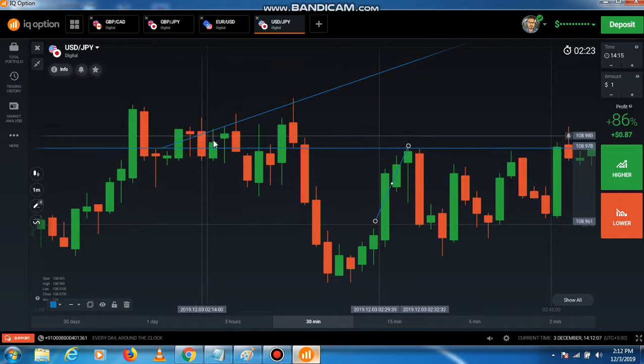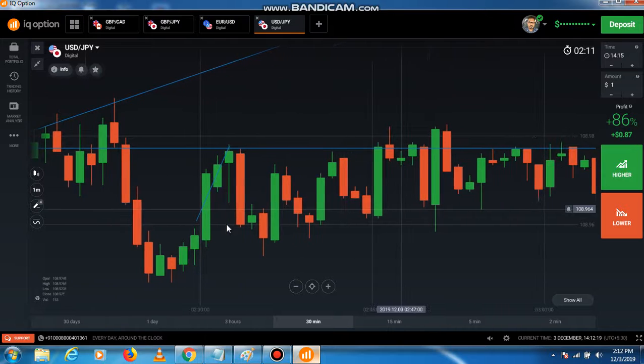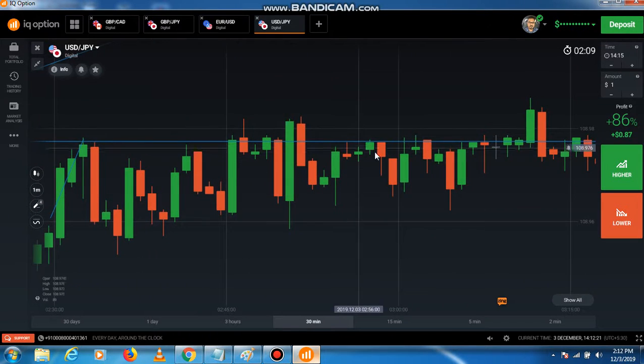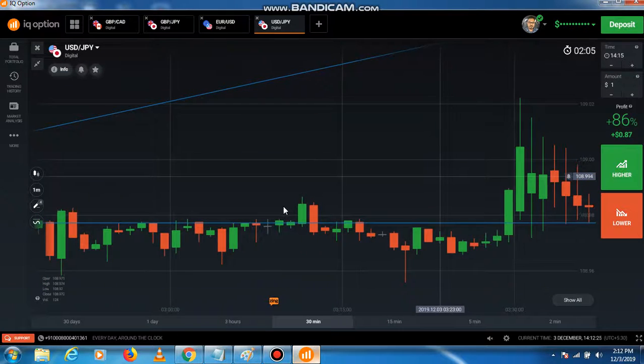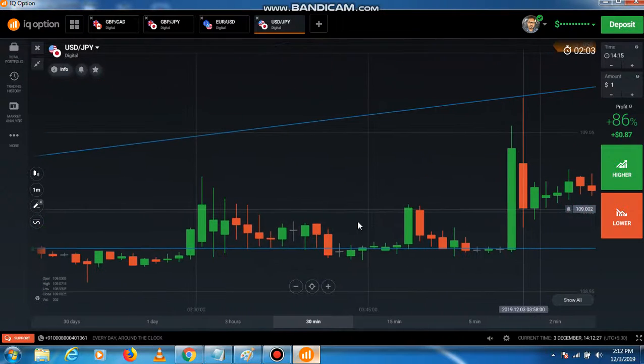And here, this is a hammer. The body closed above the previous candle's body, and the next candle is a red candle. So this is one example on an uptrend. Another thing I would say, this is not a good trade, though it worked.